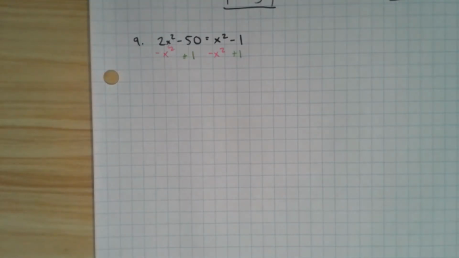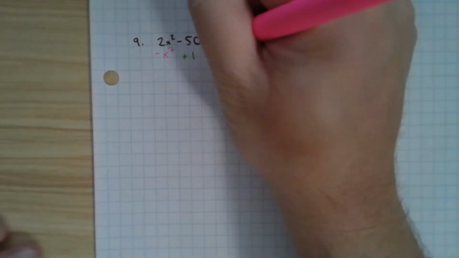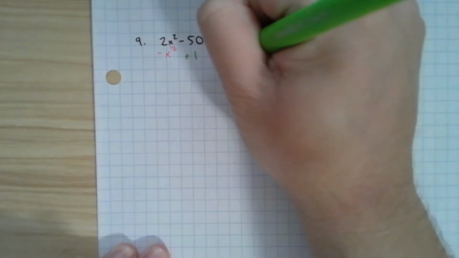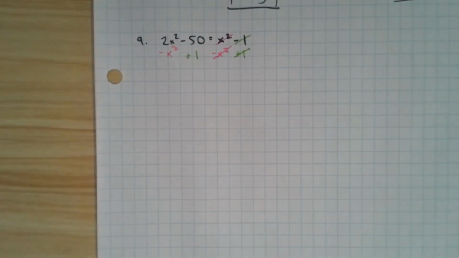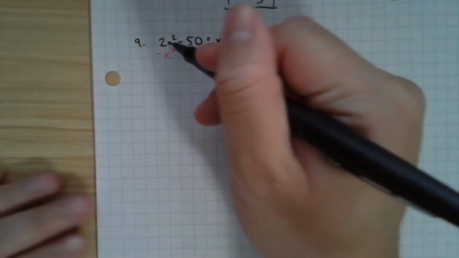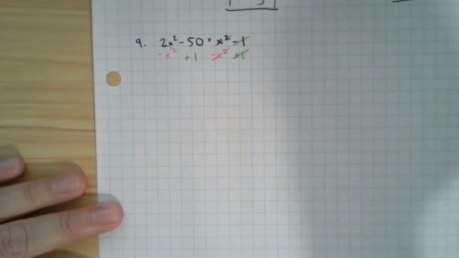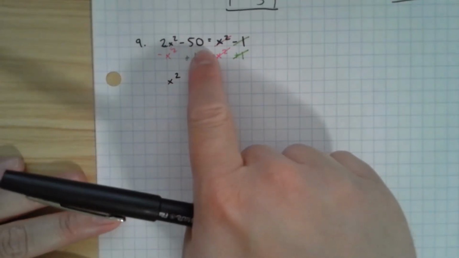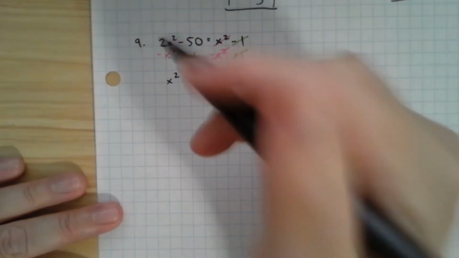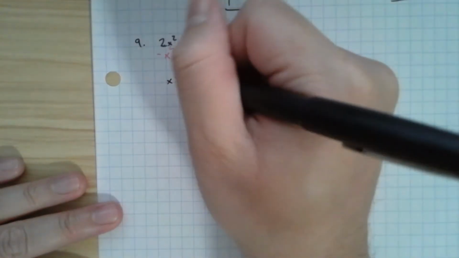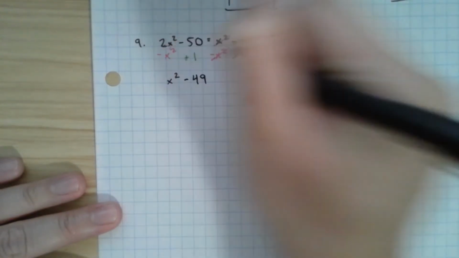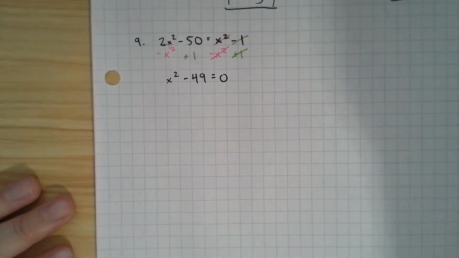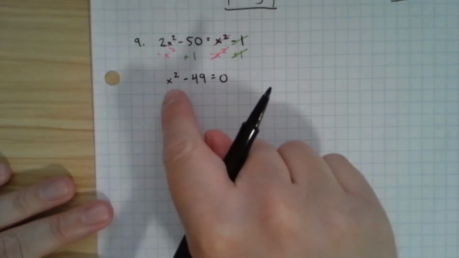So then again, this guy and this guy will cancel, and this guy and this guy will cancel. 2x squared minus x squared, that's just x squared. Negative 50 plus 1: you owe someone $50, you give them $1, you still owe them $49, and everything canceled out on the right side. You've got two terms.